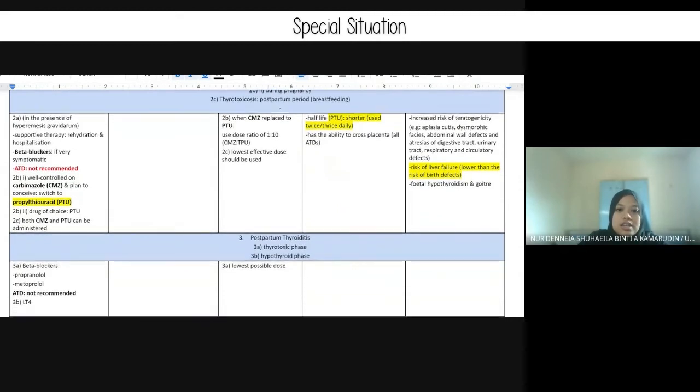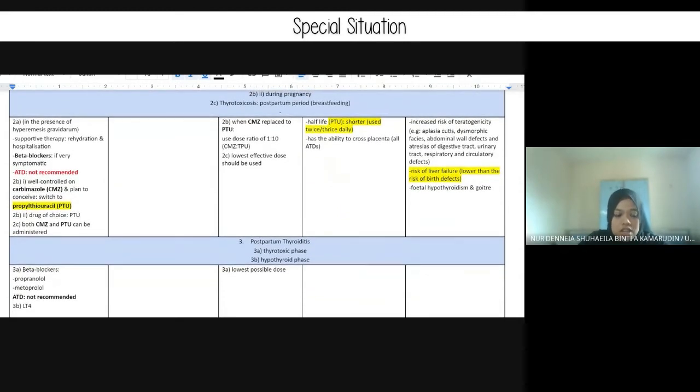In the case of GTT, where there is hyperemesis gravidarum, the management will be focused mainly on supportive care such as rehydration or even hospitalization if needed.